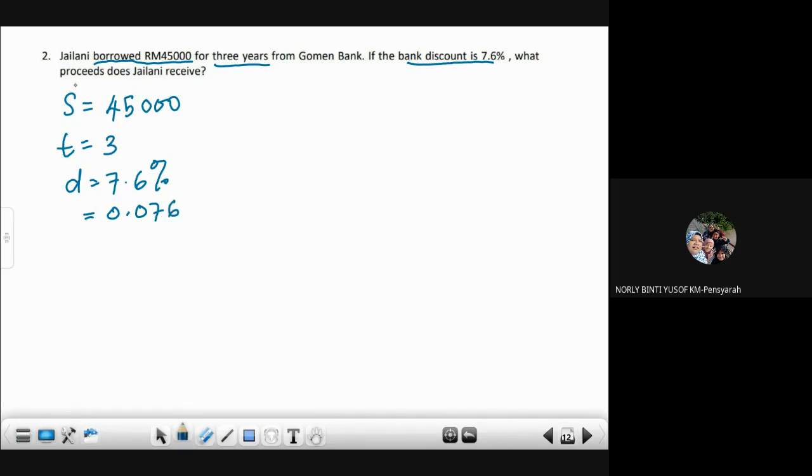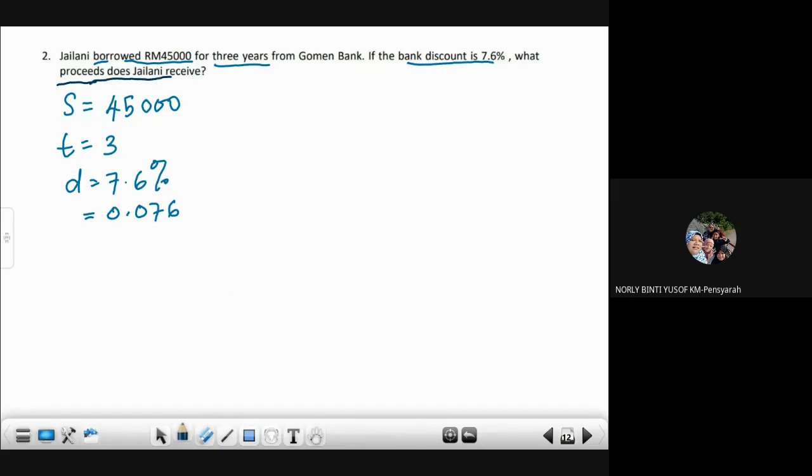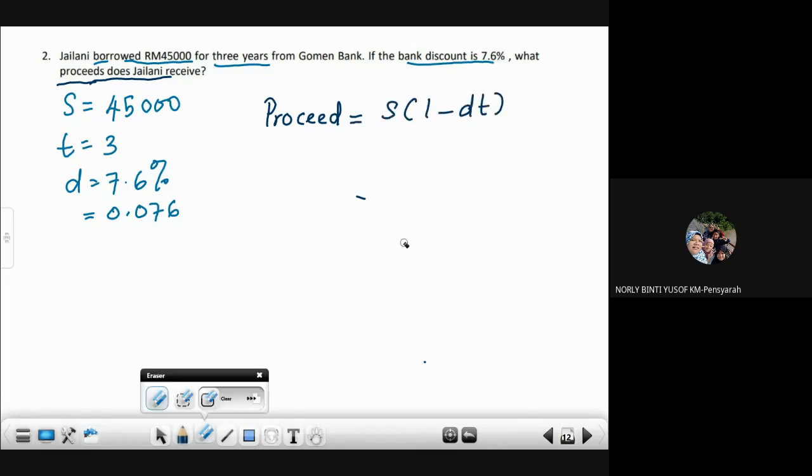Okay, and then what proceed? That means nak proceed lah. Does Zalani receive? So proceed tu adalah formula proceed lah kan. So apa yang proceed dia dapat? So proceed kita boleh guna terus formula. Sebab kita tak kira simple discount kan. So terus masukkan formula 1 DT. Jadi dia terus kira.